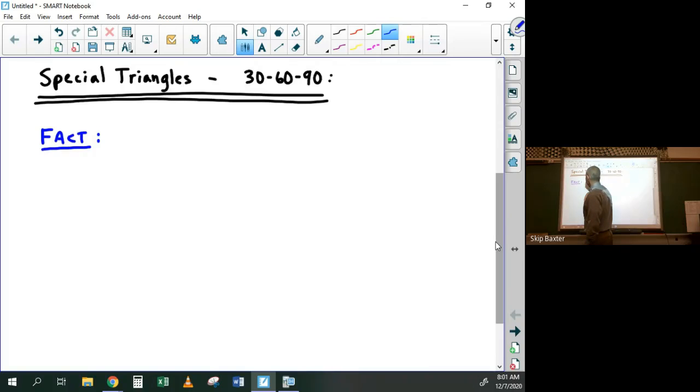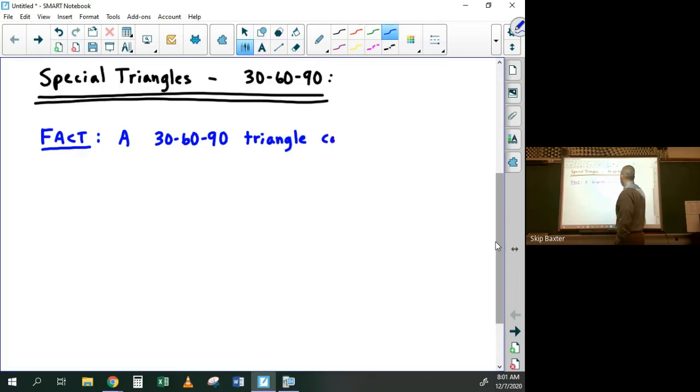A 30, 60, 90 triangle can be thought of as 1/2 of an equilateral triangle.